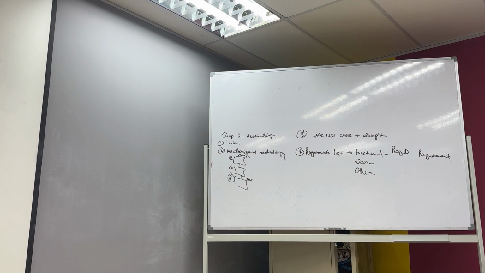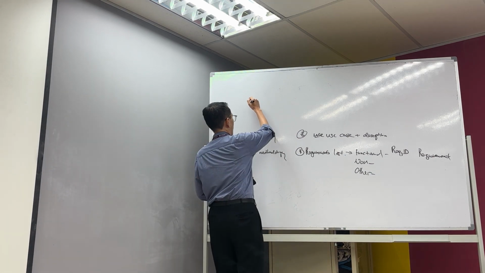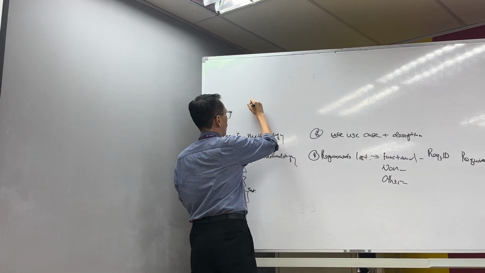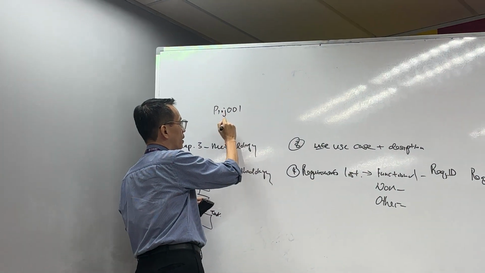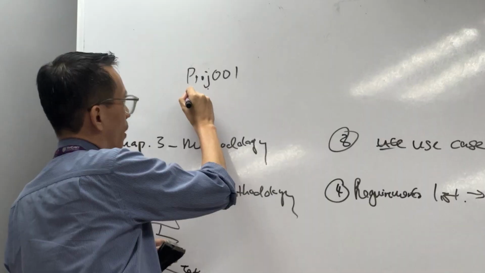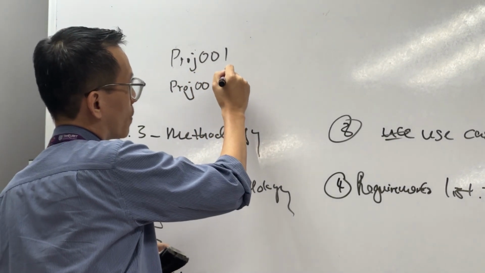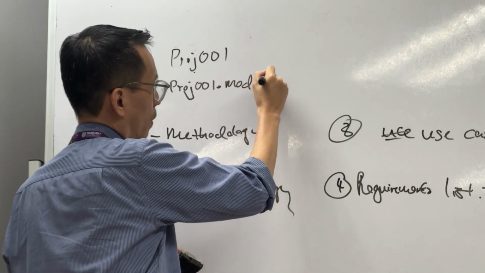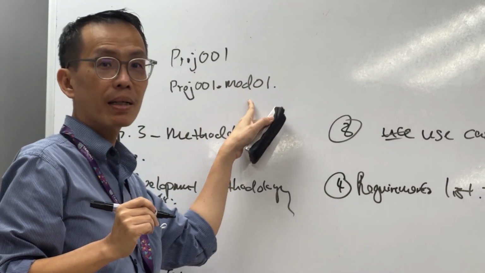You can also give a number to a project, for example PROJ 001. Then your system consists of, let's say, PROJ 001 dot module 01, which is one of the numbers.